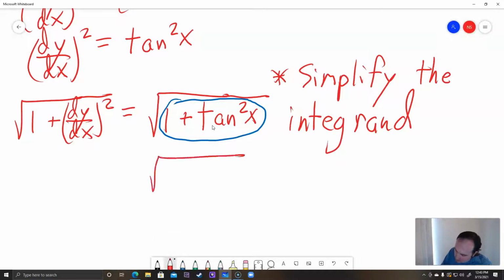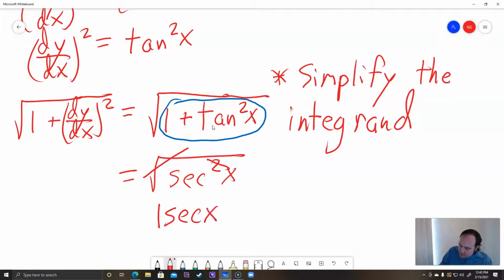So we have the square root of secant squared of x. Then the square root and the square cancel out, so we just wind up with the absolute value of secant of x. Now, why is it absolute value of secant of x? If you take the square root of a square, that ends up being an absolute value because the square makes sure it's always either 0 or positive.